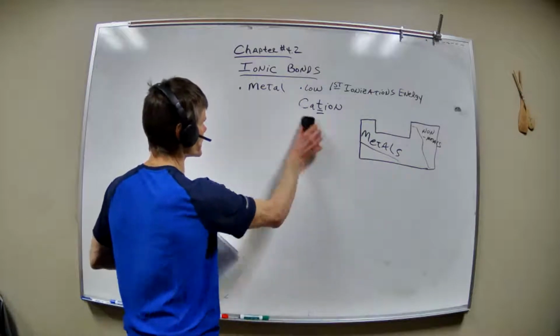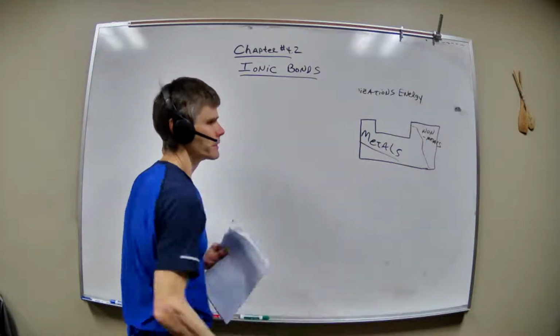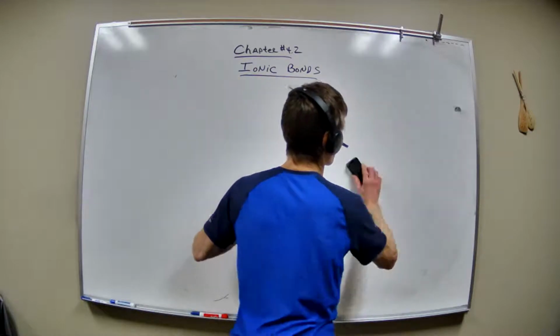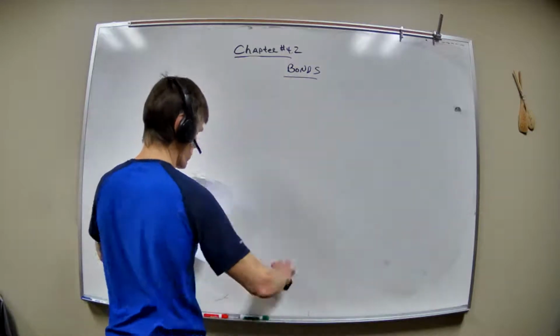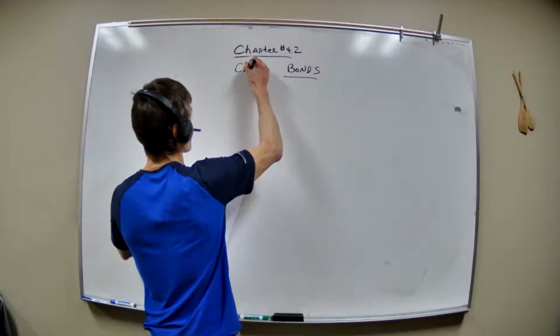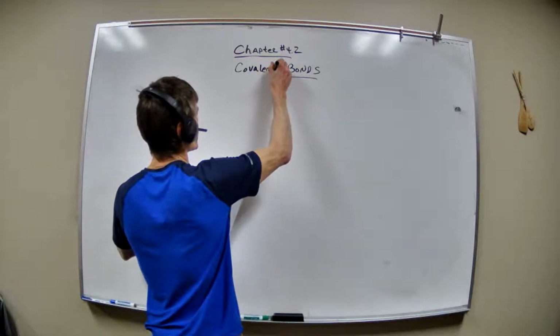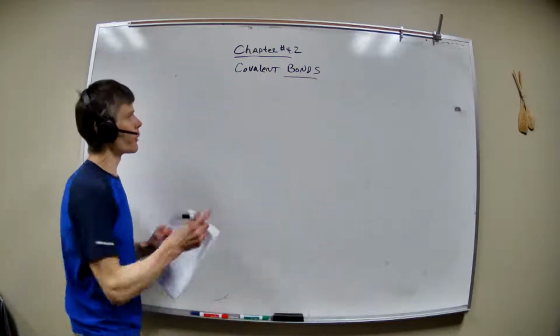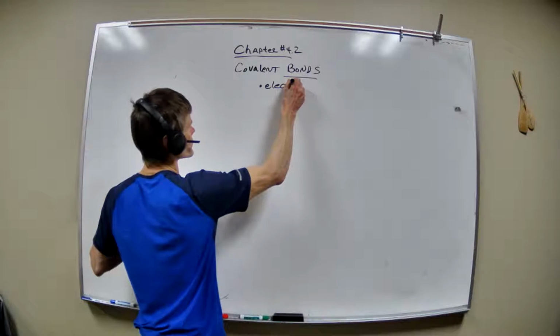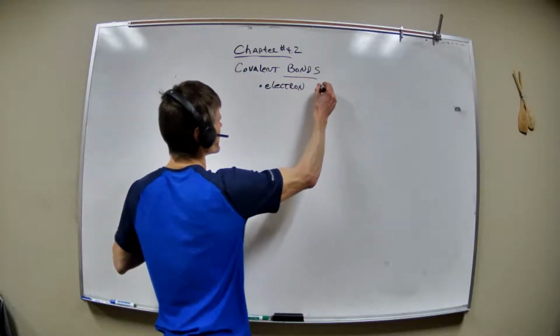Now, covalent bond formation is due to electron sharing. So covalent bonds are formed due to electron sharing. So how do these differ from ionic bonds?